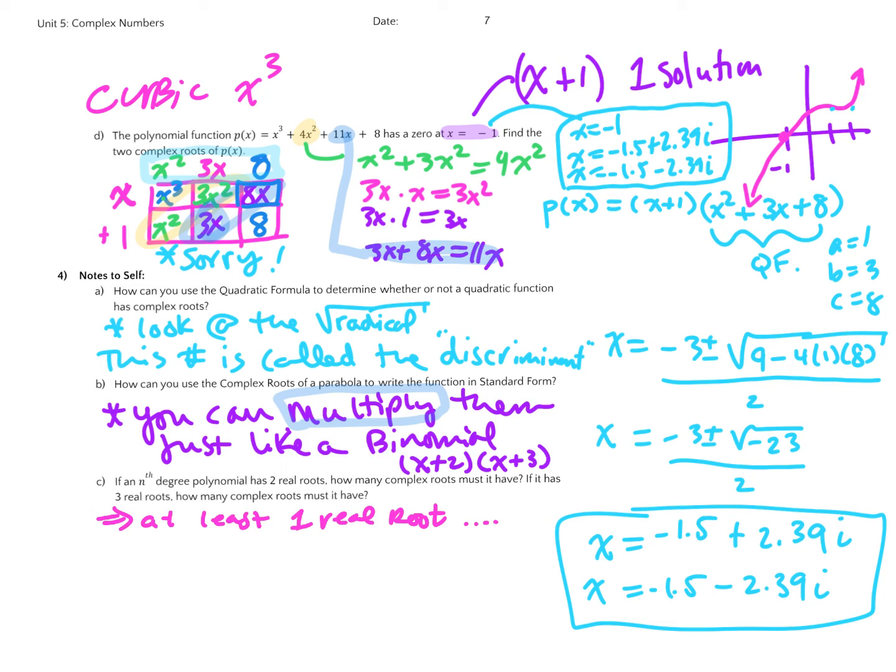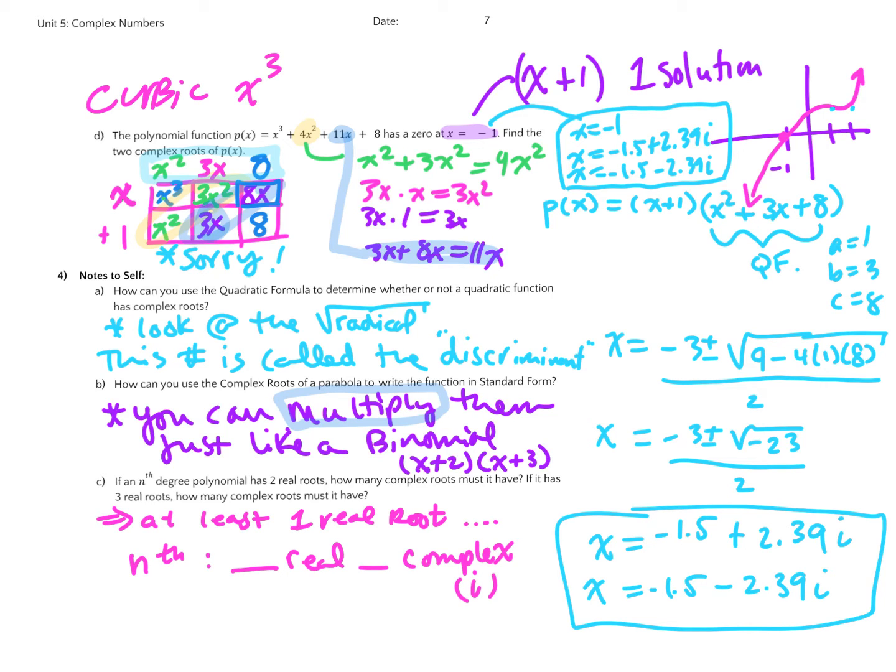That's sort of part D. So if it's the nth degree, let's say you have some real and then some complex, a mixture of real and imaginary complex. So that would be I.